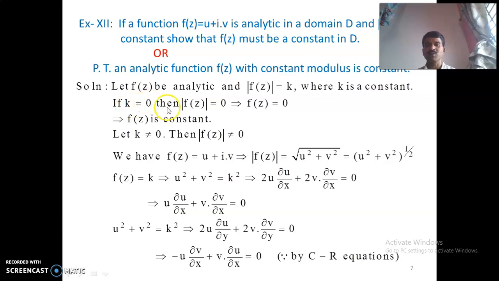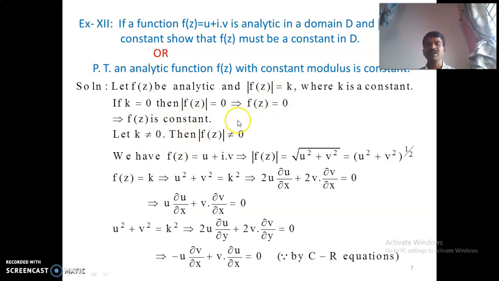We have two cases: one is k equal to 0, another is k not equal to 0. If k equals 0, then the modulus of f of z is 0, so f of z is also 0, which is constant. In the other case, let us suppose k is not equal to 0.